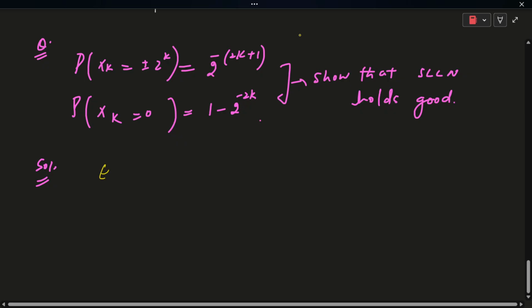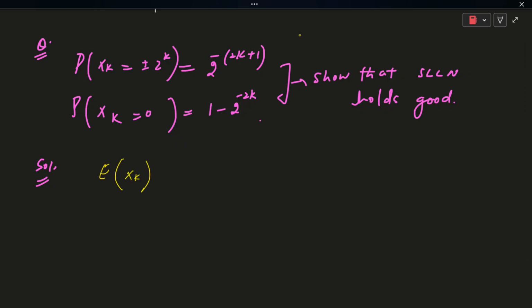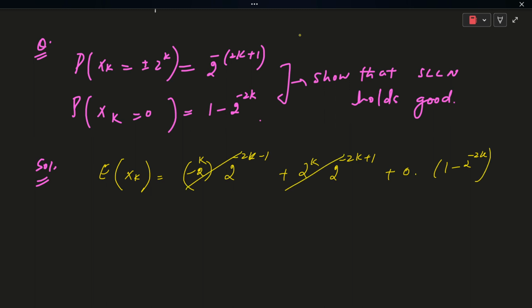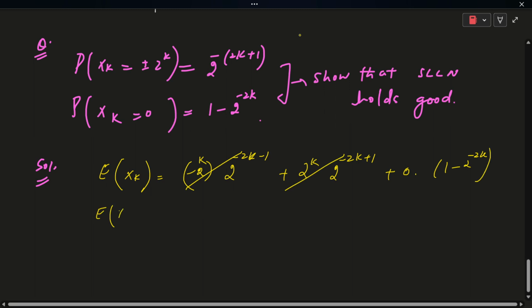First we will find the expectation of Xk, that is -2^k times 2^(-(2k+1)) plus 2^k times 2^(-(2k+1)) plus 0 into 1 minus 2^(-2k). See, this will cancel out with this, and 0 into something is 0, so expectation of Xk is equal to 0.